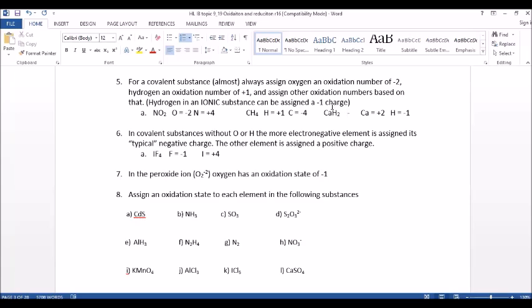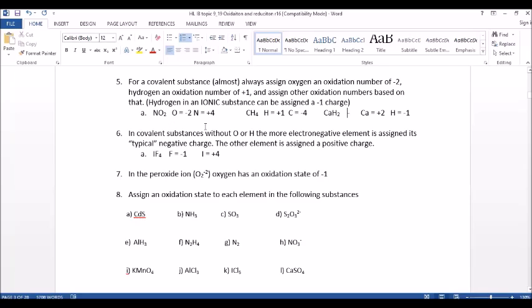It's more just a system and a way to keep track of what electrons are doing. Even though covalent substances don't form from ions like ionic substances do, we can still assign oxidation states in a standardized system, and we can still use it in redox reactions to keep track of electron changes. It's a model that helps us understand things.